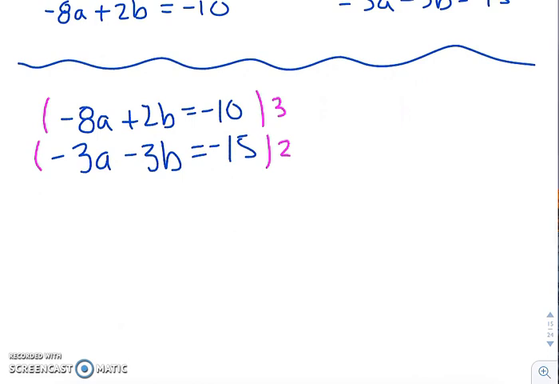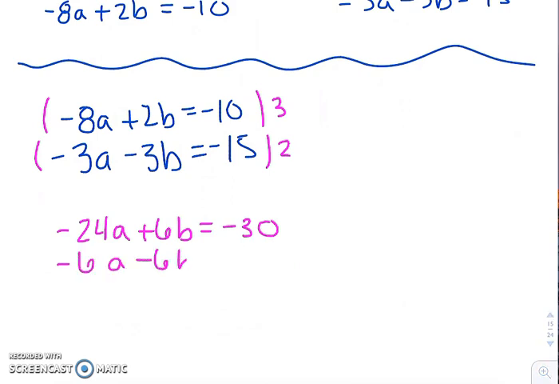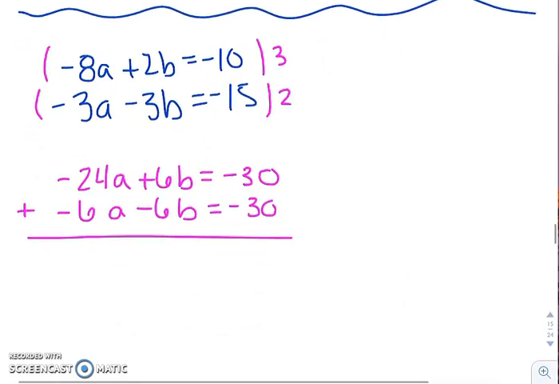So our two new equations will be negative 24a plus 6b equals negative 30, and negative 6a minus 6b equals negative 30. Add up. So negative 30a, b's cancel, equals negative 60. So negative 60 divided by negative 30, we get a equals 2.